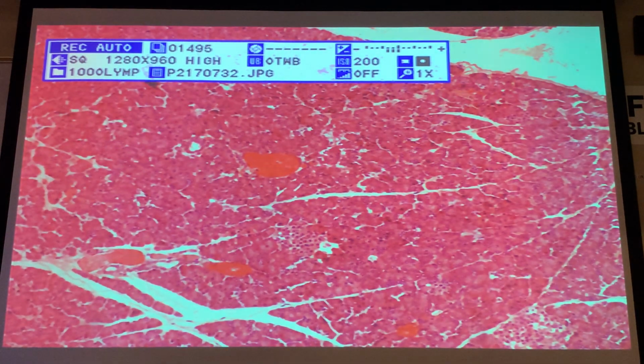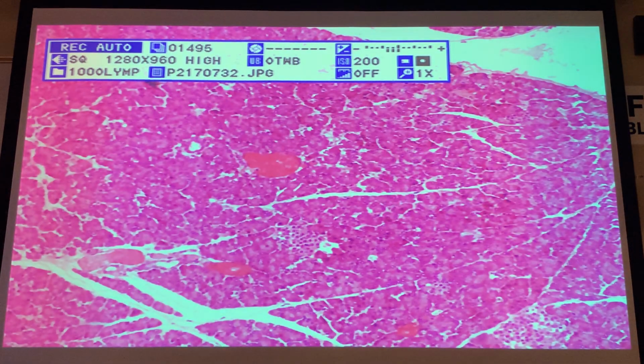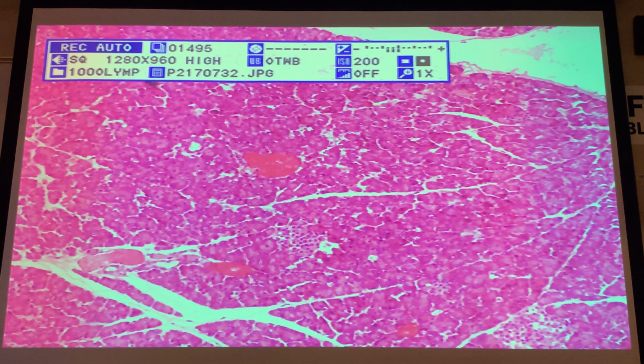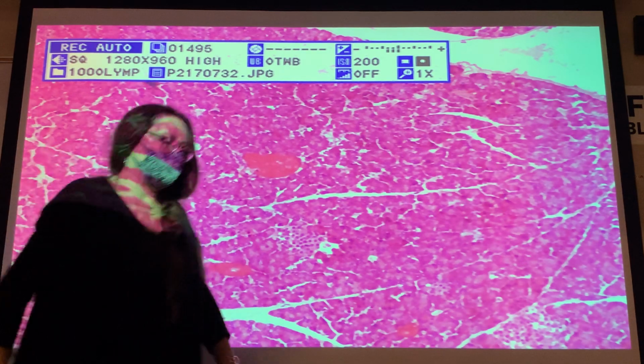Adjusting. Let's see if you can see that.